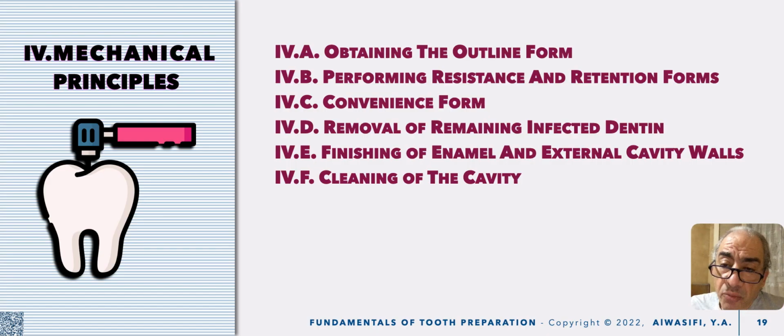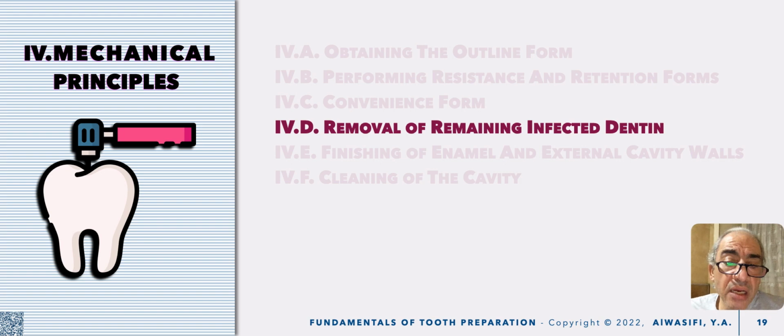Then comes the most important step, which is removal of remaining infected dentine. If you remember in our first discussion considering the mechanical principles in terms of outline form rules, we discussed the terminology of remaining, because already our first rule in preparing a cavity within the outline form, number one, was that all carious lesions should be involved.